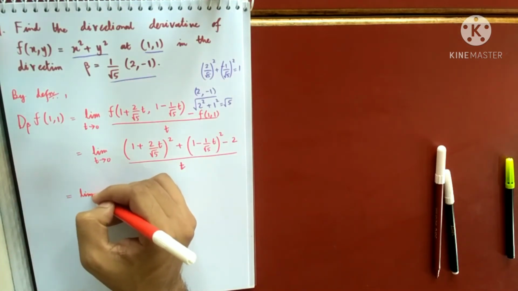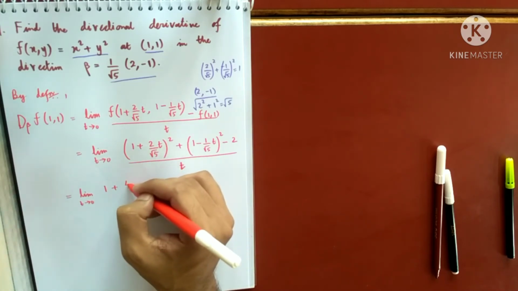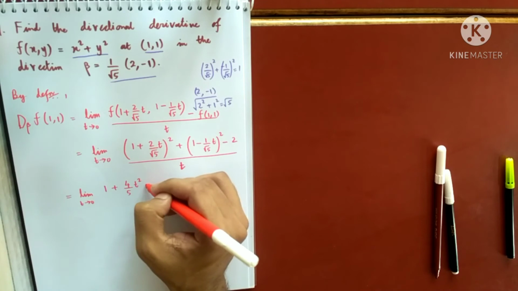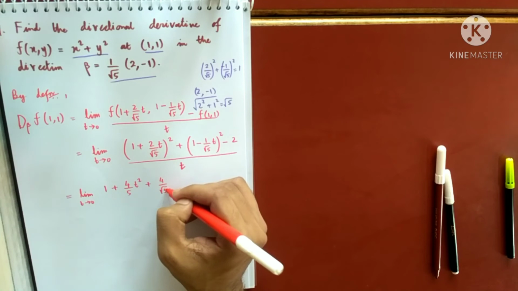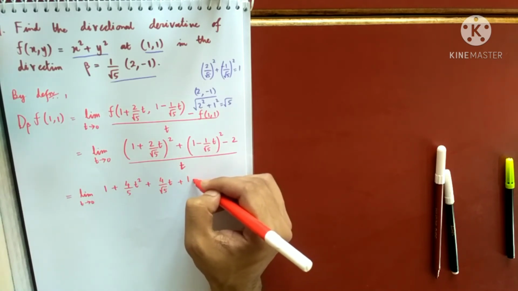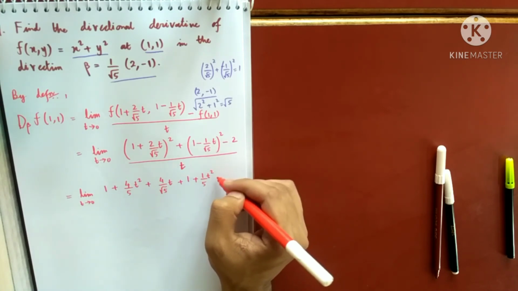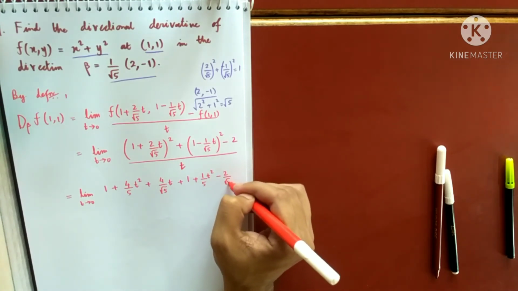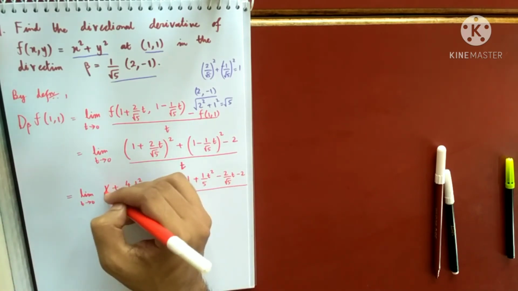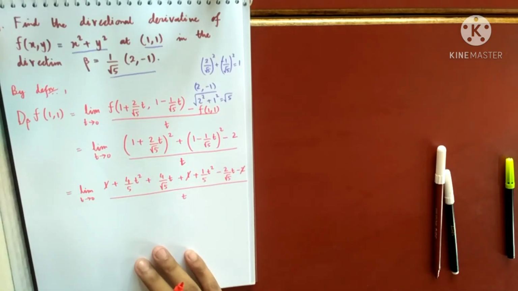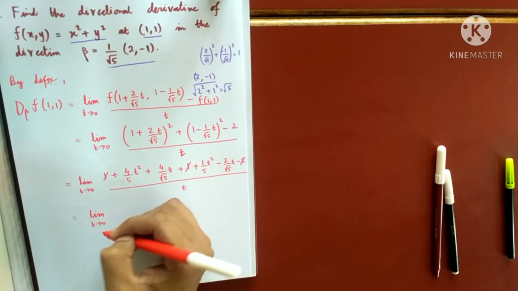So this is limit t tends to 0, a square plus b square plus 2ab, so 4 by root 5 t, and a square plus b square minus 2ab, so 2 by root 5 t, and I have minus 2 here, by t. 1 plus 1, 2, 2 minus 2, 0, got cancelled. t is common from the numerator, and cancel that with the denominator.